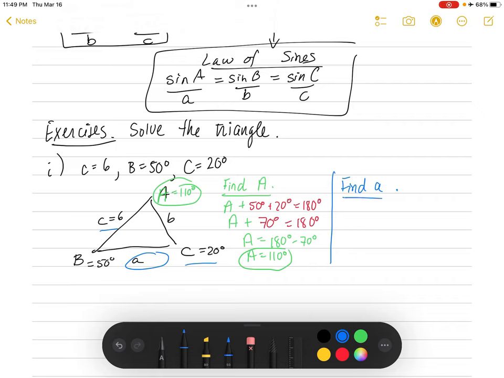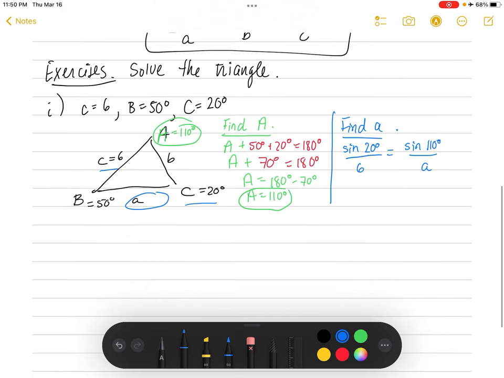So I'm going to say that here, the sine of C, 20, over little c, 6, is equal to the sine of 110 over little a. So you see how I know three of those things. I have three of those numbers, but little a I don't have.